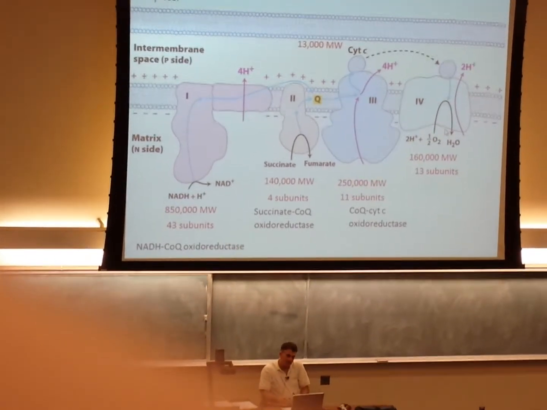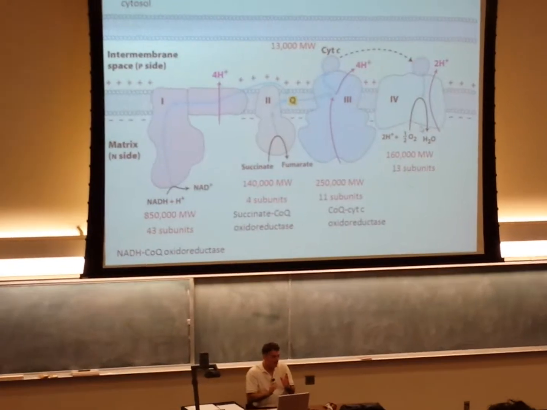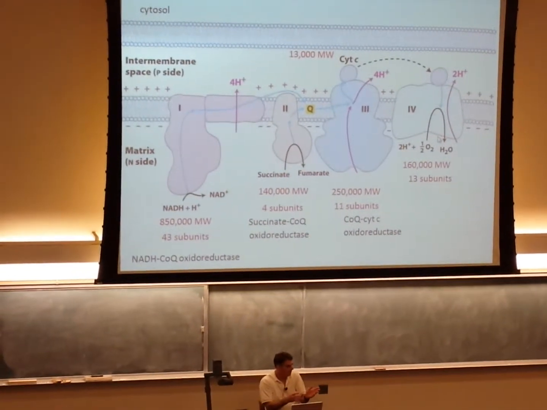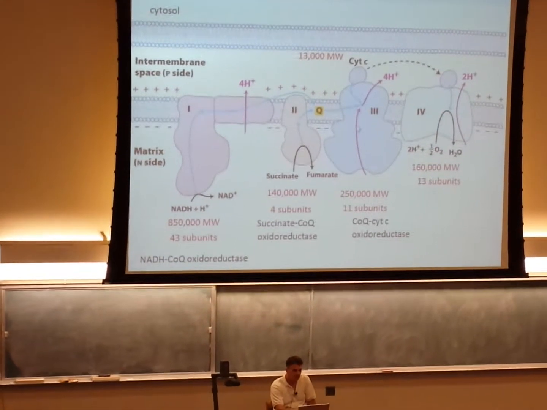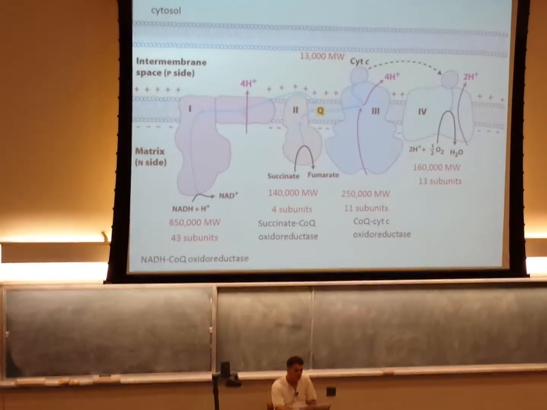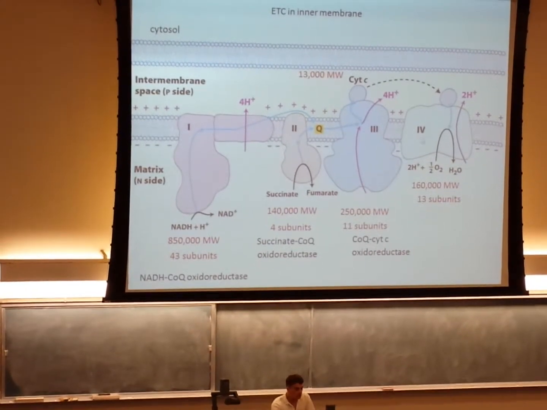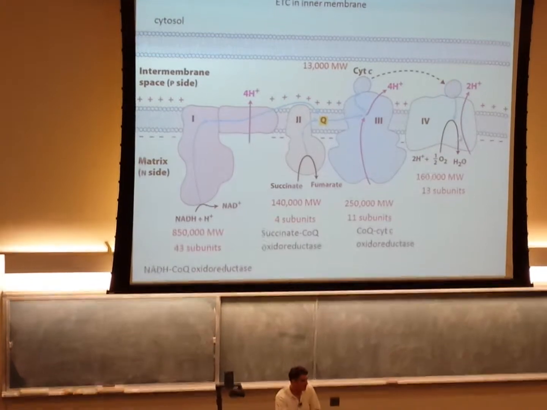It turns out in complex 4 there's 2 channels, and the protons hop through the channel. There's no hopping anywhere else in the diagram. So even though protons are moving in complex 3 and complex 1, we know for sure that things are different here in complex 4.